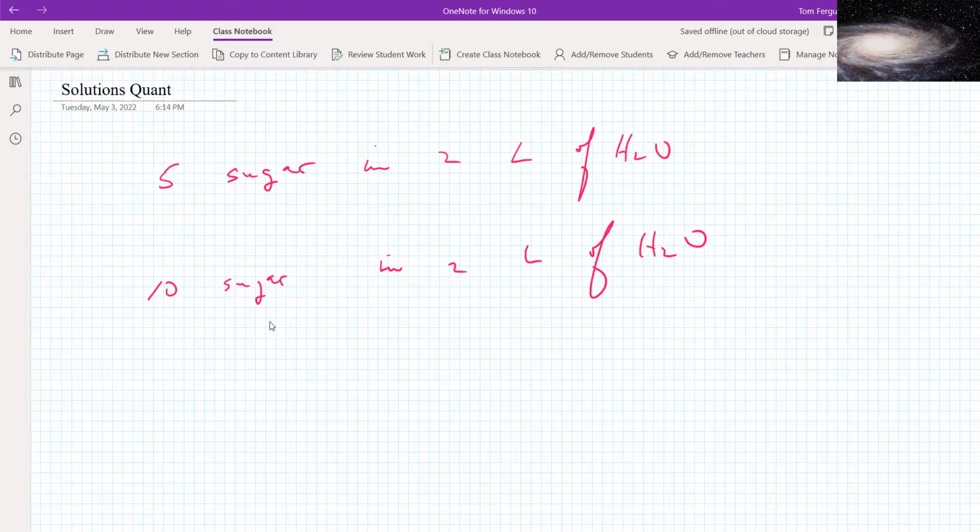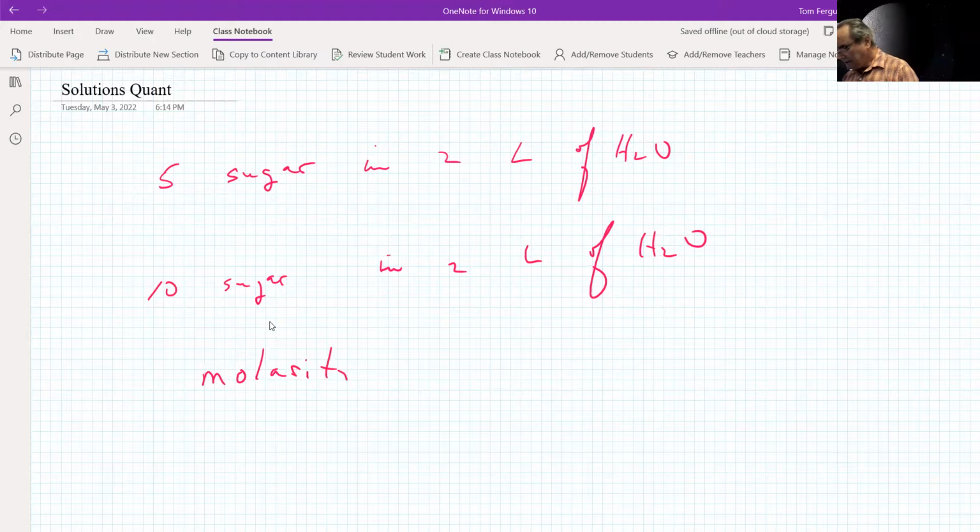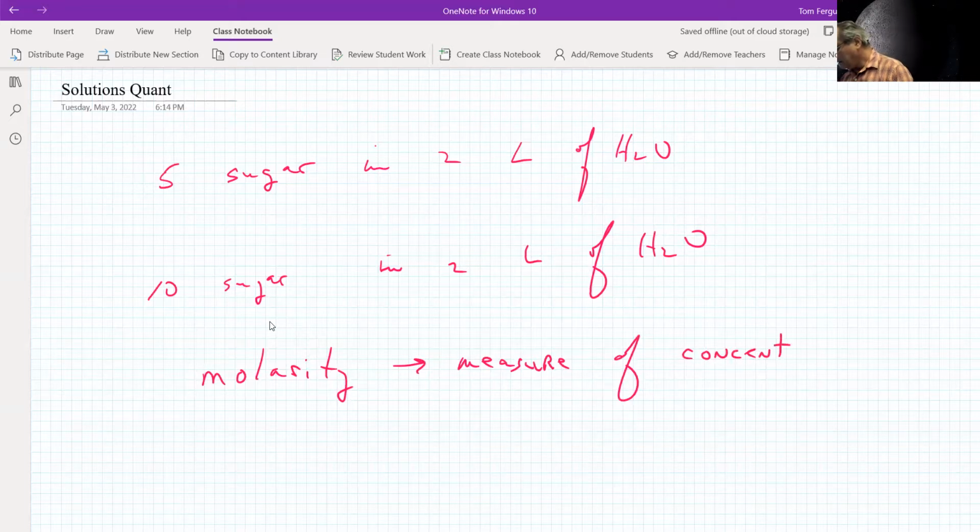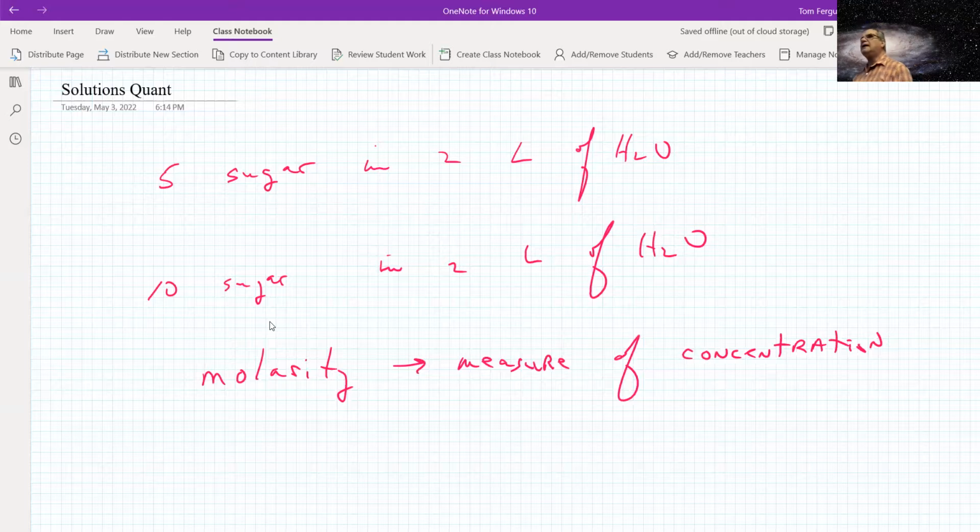So the molar aspect is a measurement of concentration. So molarity, again, is the measurement of concentration.